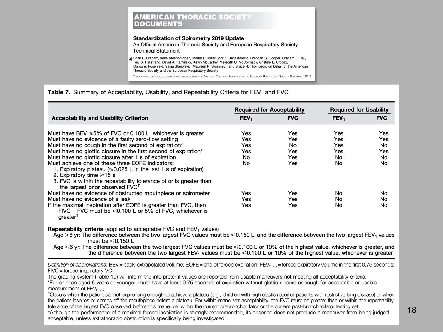Just spending a moment longer on this chart before we move on, particularly note the nuances of both acceptability and what they call usability, or sometimes it's called repeatability, which is at the bottom here, you can see. Specifically, acceptability refers to usability of a single maneuver, whereas repeatability dictates the consistency of multiple efforts.